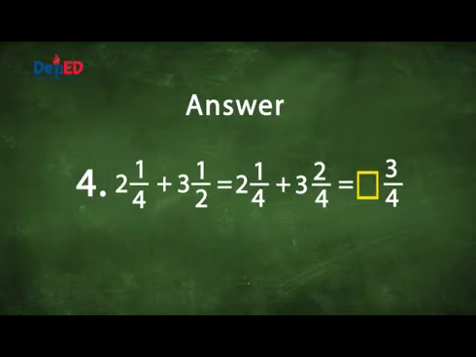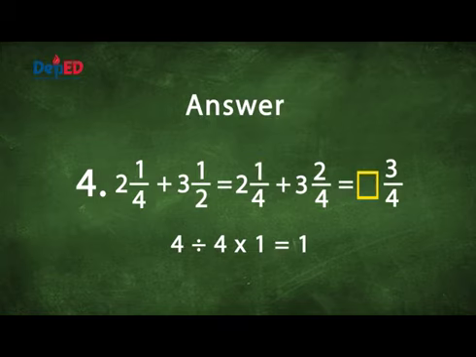The LCD of 4 and 2 is 4. Step 2. Copy the whole numbers 2 and 3. Then, divide the LCD by the given denominators and multiply by the given numerators. 4 divided by 4 times 1 equals 1. 4 divided by 2 times 1 equals 2.